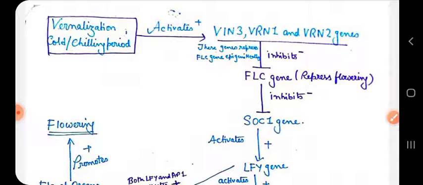Now these three genes epigenetically inhibit the expression of the FLC gene, which is called the flowering locus C gene.